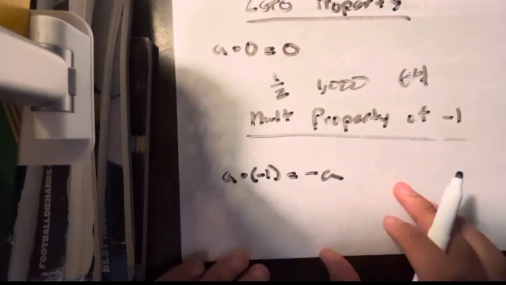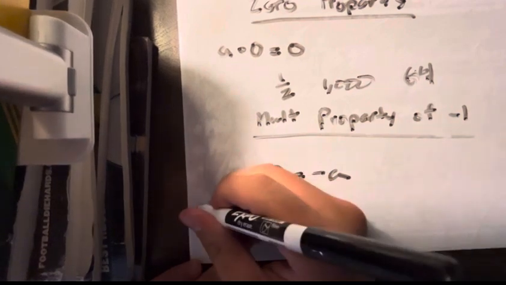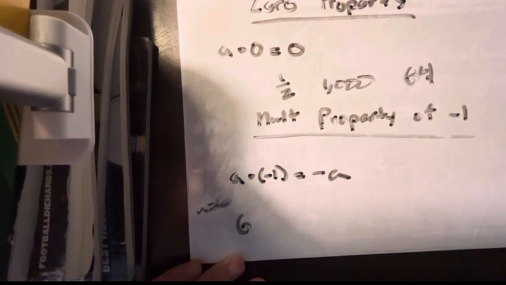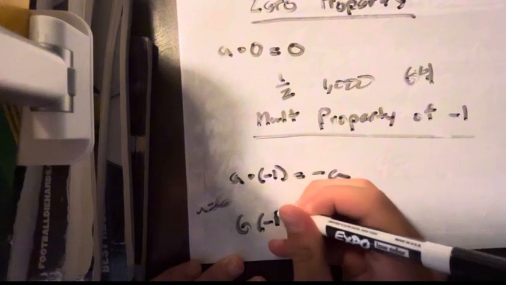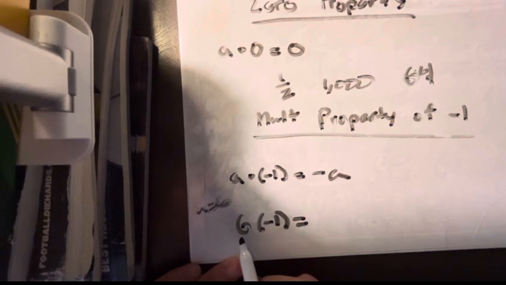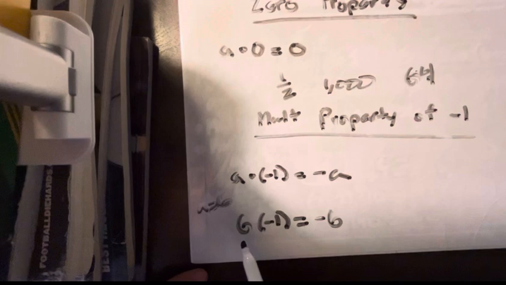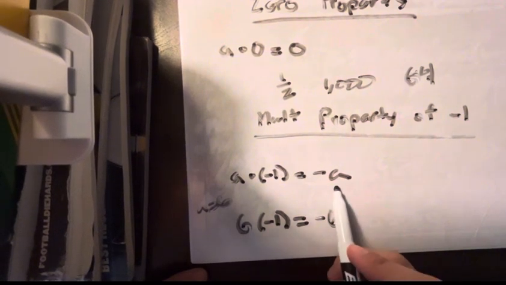So let's say we're using A equals 6. It's going to be 6 times -1, and that is going to equal the flipped sign of 6, that's -6. So 6 is positive, what's it flipped? -6. And that would make sense because we're plugging in 6 to A here. Yep, that's a -6.